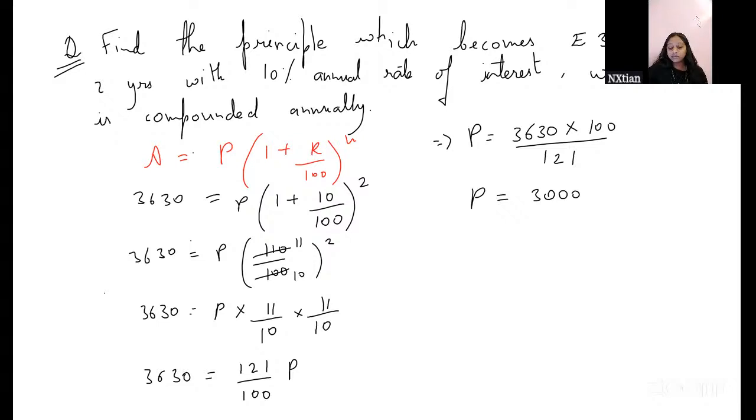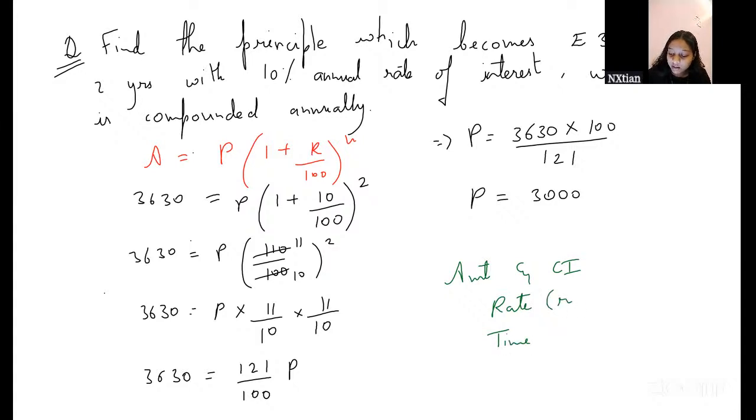Hope it's clear now. Today we saw how to calculate the amount and CI. Then to calculate the rate, to calculate the time.